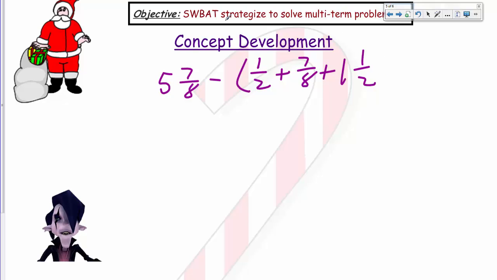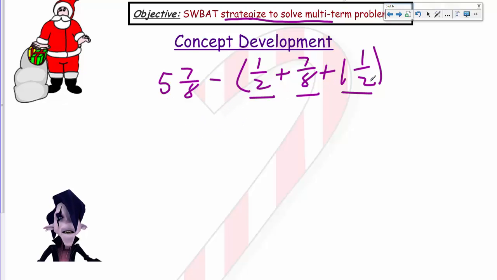And by the way, this is what we're doing. We're strategizing to solve that multi-term problem. And by the way, the word term: this is a term, that's a term, and that's a term. So we would say that in this whole problem, we actually have 4 terms. That's what a term is. So we're strategizing how to solve that multi-term problem.